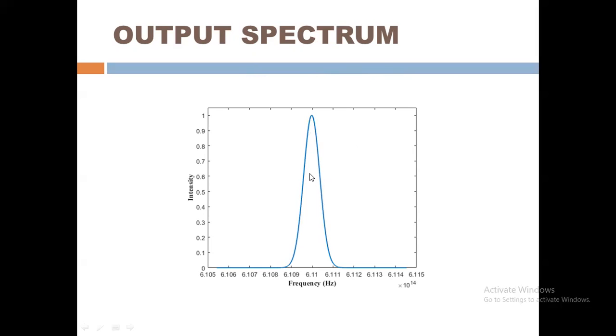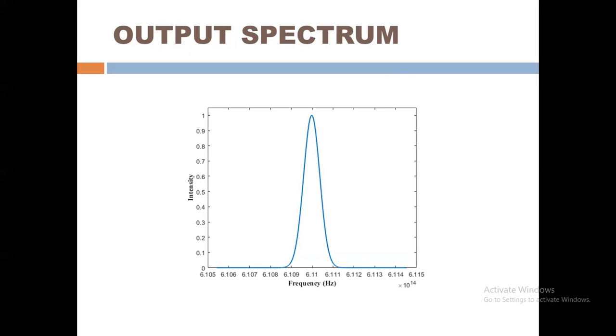But there are two frequencies at which the intensity is half of the maximum value, and the difference between the two frequencies is the FWHM, which is known as full width half maximum.